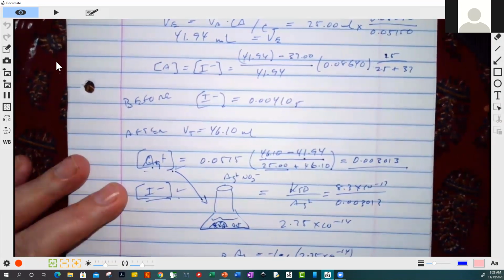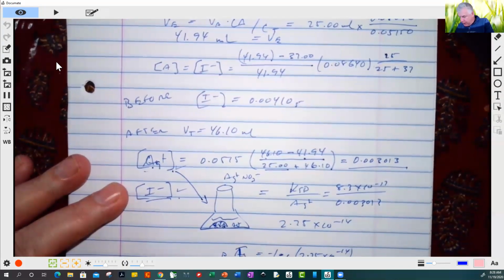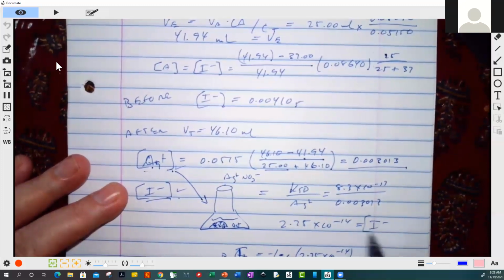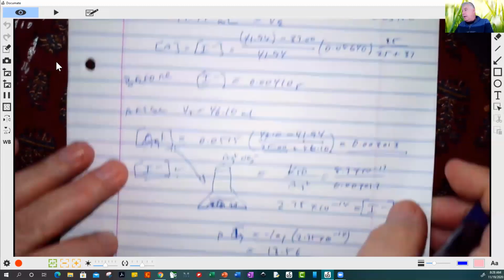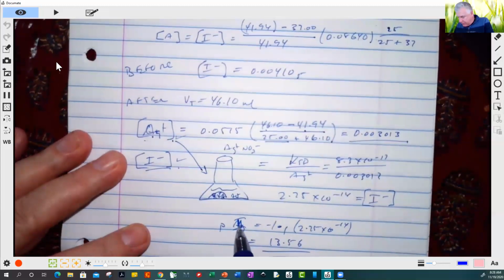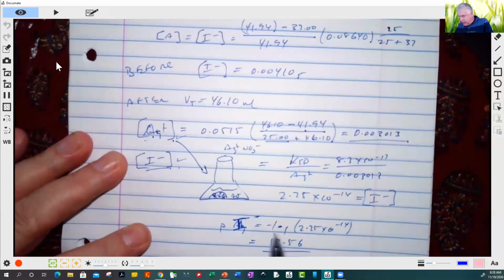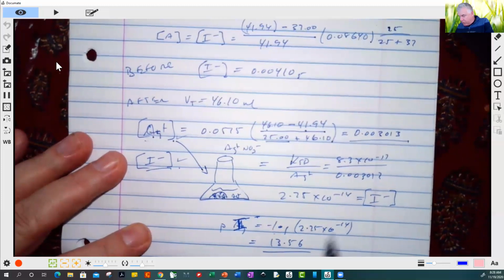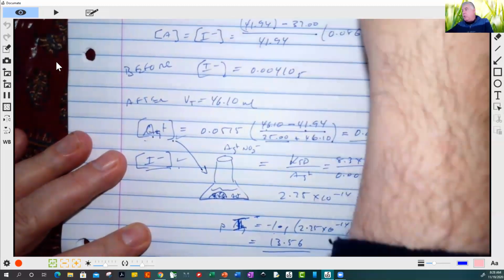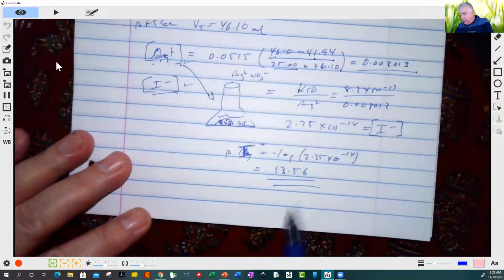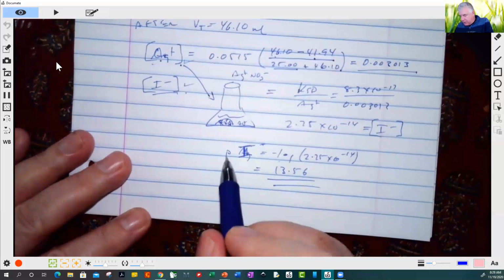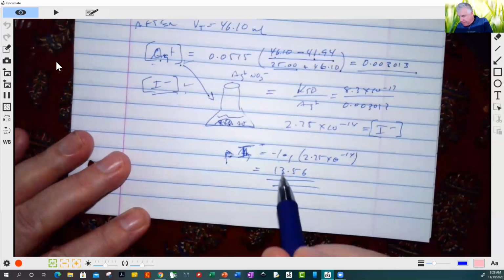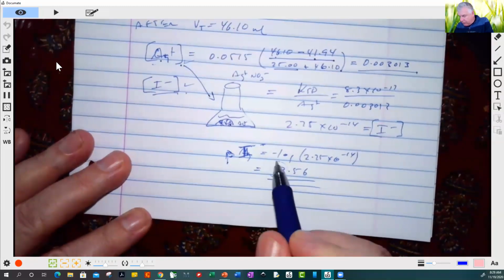Wait, no, the PI. Sorry, the PI. We've got excess iodide, this is the iodide. And the PI, the negative log of that, is 13.56. In this case, this is a log, so we don't count these digits as sig figs.